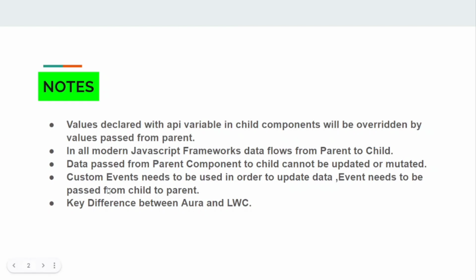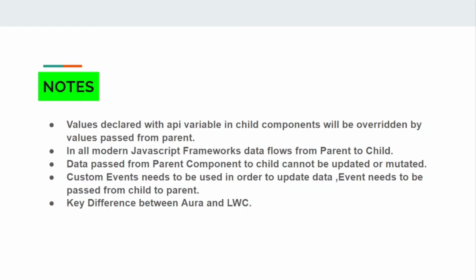Now if we go to Aura components, in Aura components bidirectional data transfer takes place. If you are sending data from a parent component to the child component, the child component will receive the data in a variable. In Aura, we can update the data that we pass from the parent component to the child component in the child component itself.